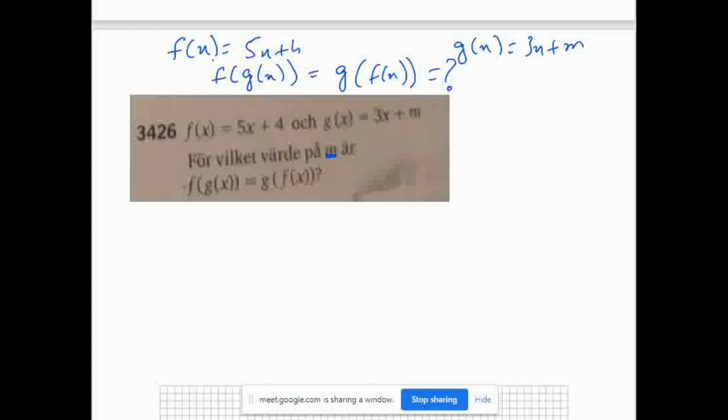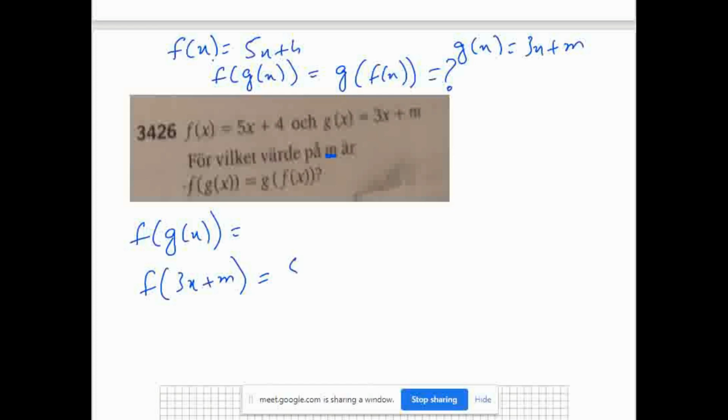Now you can see that here first let's find out the value of f of g of x. So this will be equals to, always replace this thing g of x with the original function, so that you will not make any mistake.